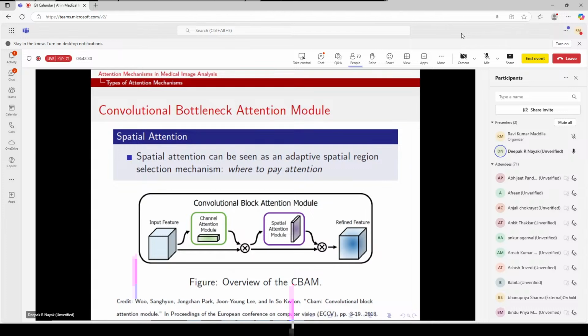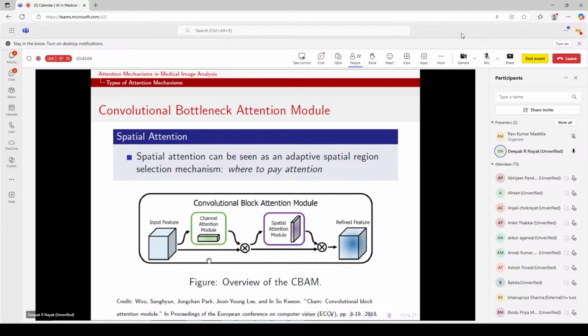There's one more very popular attention mechanism which was proposed in the European Conference on Computer Vision, again, as I mentioned, a star conference in the field of computer vision. There they proposed something called the convolutional block attention module. If you look at this particular attention block, you will find that the input feature is initially passed through a channel attention module, and it generates some one-dimensional weights, as I mentioned.